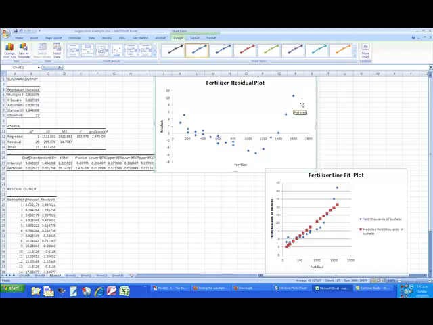On the other hand, if we did it, I guess we could try it, using the x squared term as well, I think the residual plot would be much more random. Okay, so that would mean that the x squared was maybe enough in terms of taking all the information out of the data.